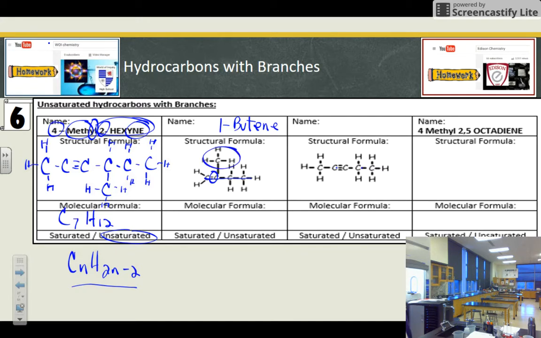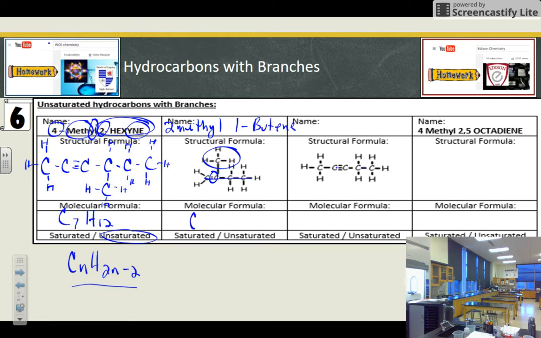Then I have this side chain I have to deal with. It's a 1 carbon side chain, so methane becomes methyl. And it's on the 2nd carbon, so this is methyl, and it's on 2. I'm going to take a quick second and rewrite that because the L and the 1 looked funny, so this is 2-methyl-1-butene.